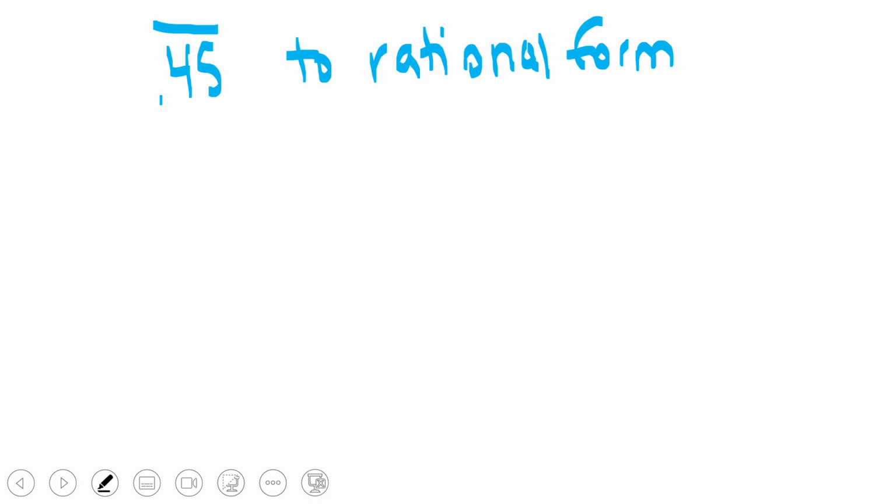Alright, we're going to set our decimal equal to a variable. It's your first approach. X equals 45 hundredths repeating. Now, we're going to multiply algebraically both sides by probably a 10, 100, or 1,000.